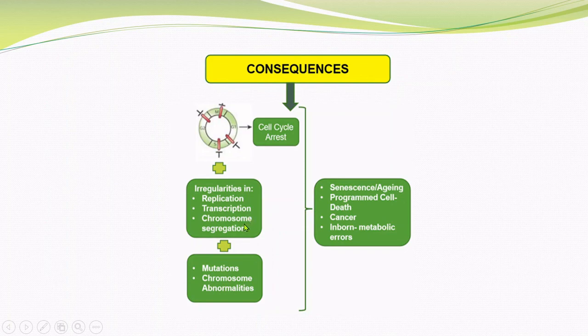Replication, transcription, and chromosome segregation all show irregular processes, and because of this, failure of mechanisms can cause senescence or aging or programmed cell death, cancer, and inborn metabolic errors. Xeroderma pigmentosum, a type of skin cancer, is the classic example of failure of the repair mechanism that repairs DNA damage caused by UV rays.